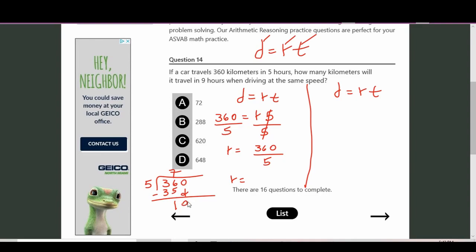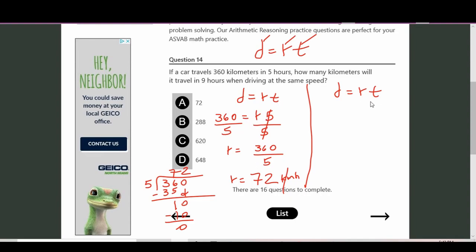Drop down this 0. 5 goes into 10 2 times. 5 times 2 is 10, so there's no remainder, which means that given this distance and the time in which it covered that distance, we know it's traveling at a rate of 72 kilometers an hour.